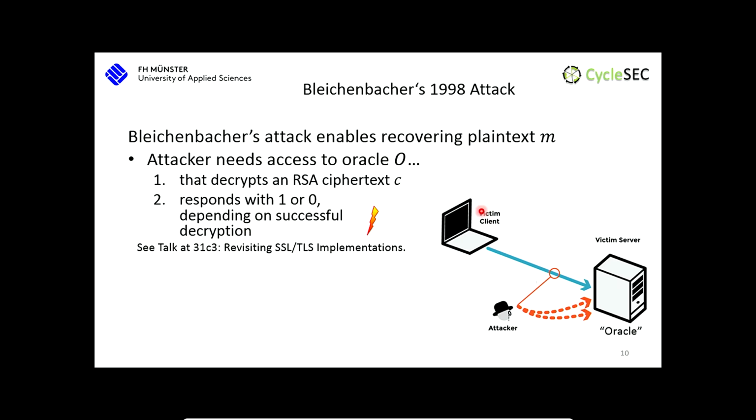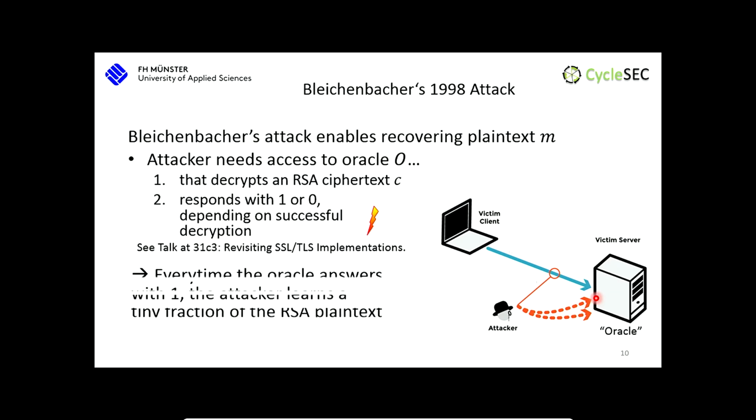So we have a client here and a server. We have an attacker that eavesdrops on this connection, and then it changes certain parameters of this connection and sends it over to the oracle. The oracle decrypts it, parses it, and then says, okay, decryption was successful or not. That's the only information that the attacker gets from the oracle.